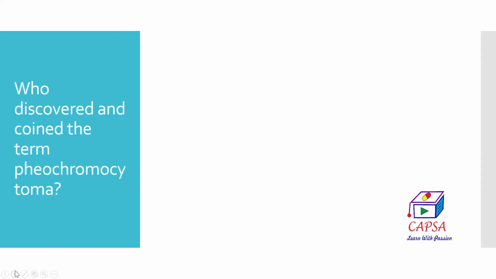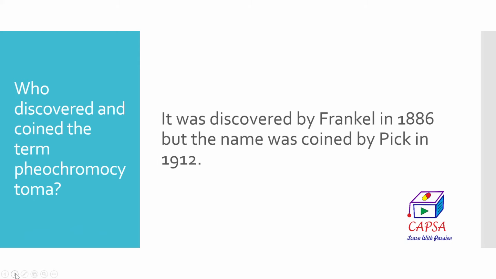Coming to the next, who coined the term and who discovered pheochromocytoma? Pheochromocytoma was actually discovered by Frankel in 1886, but the name was coined by P. Why the name pheochromocytoma?